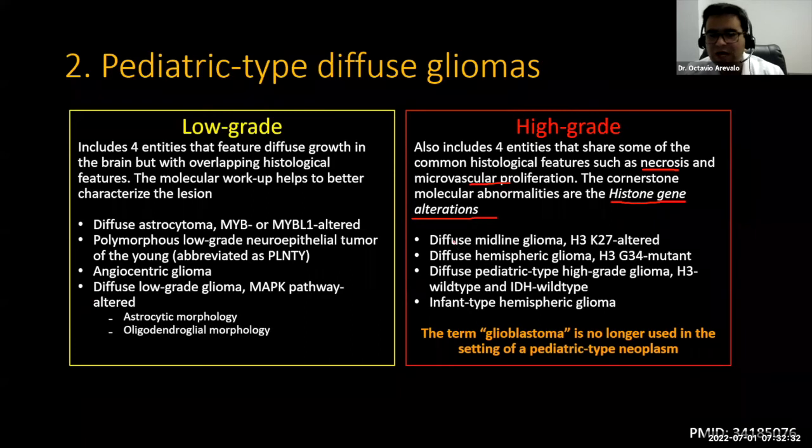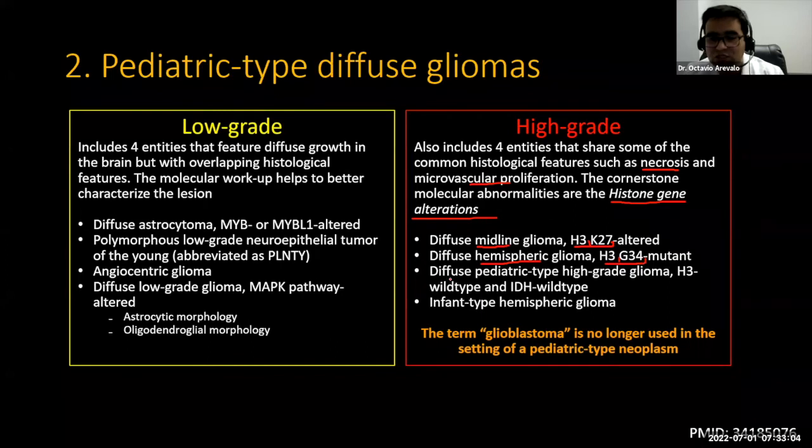So here we have the very well-known diffuse midline glioma H3 K27 altered. We have here the diffuse hemispheric glioma H3 G34 mutant, and this guy is midline, and this guy is hemispheric glioma. And both of them have a histone 3 abnormality, but this guy is in the position number 27, and this is in the position number 34.